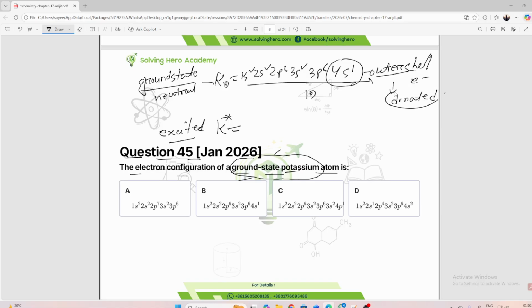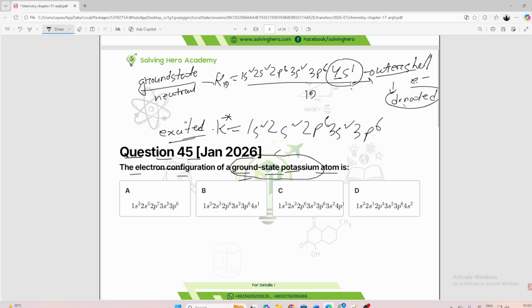What does excited mean? Excited means the outer shell's electron is donated. Am I clear? So what will be the electron configuration of excited potassium? 1s2, 2s2, 2p6, 3s2, 3p6.